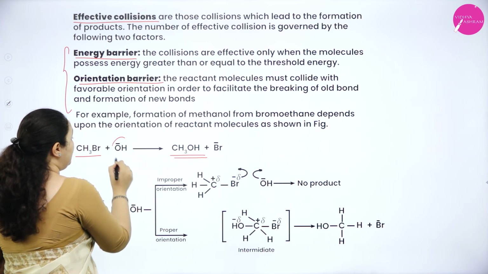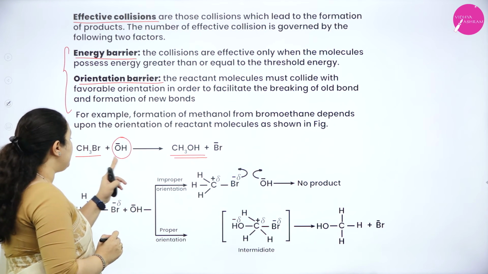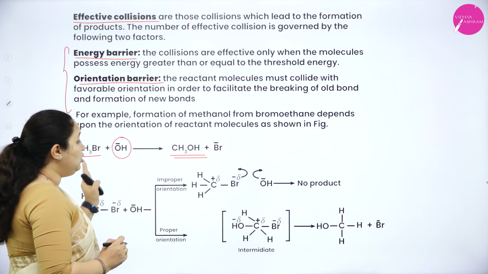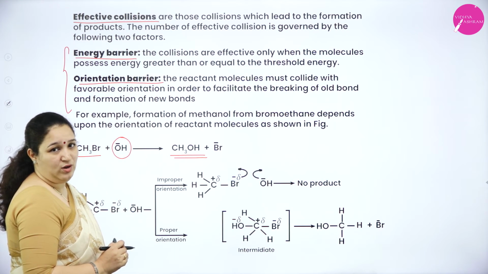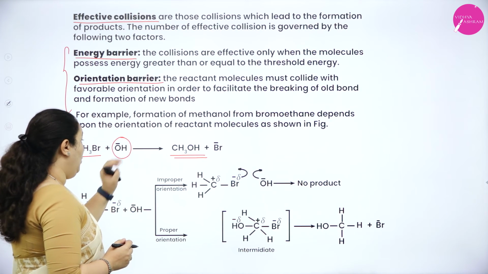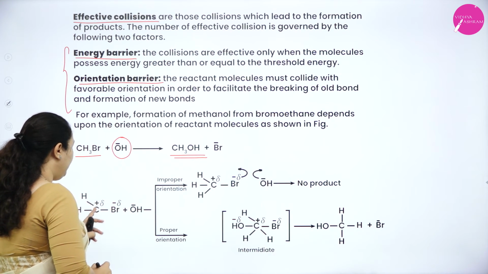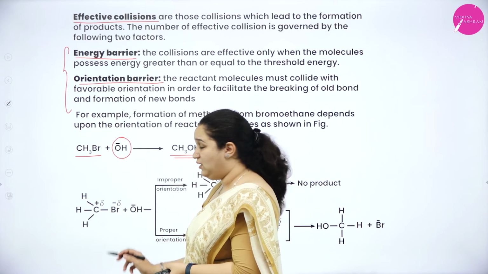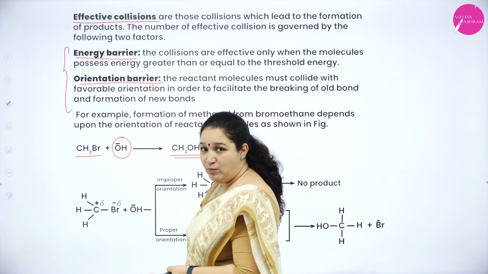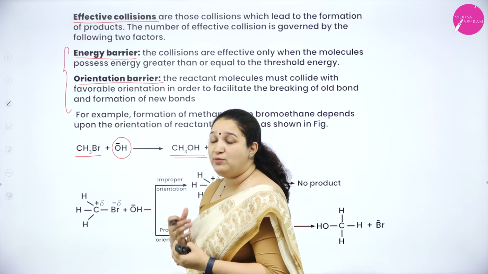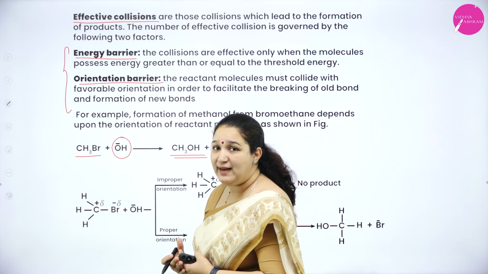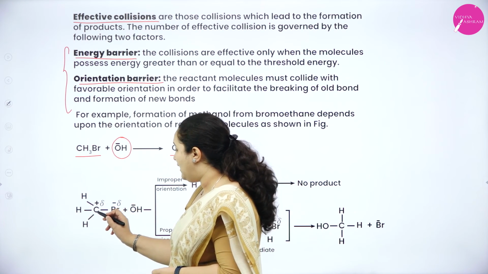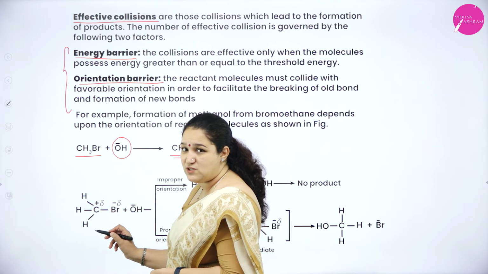Here OH minus is a nucleophile which substitutes the bromine atom in bromoethane to give methanol. If we take CH3Br, in the carbon and bromine bond, bromine has a partial negative charge because it's more electronegative, isn't it? It tends to pull the electrons towards itself, whereas carbon has a partial positive charge.